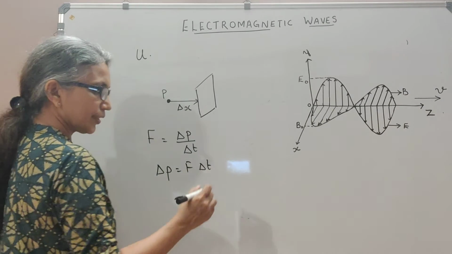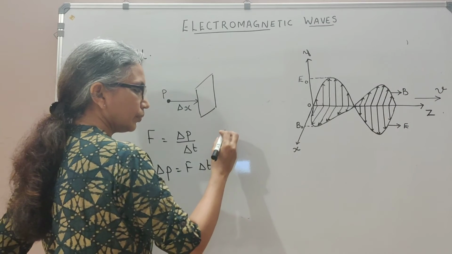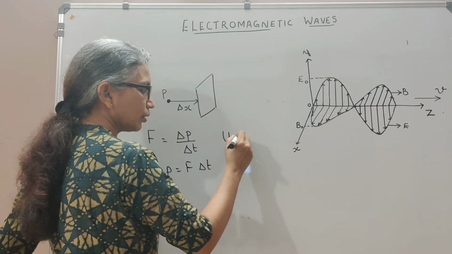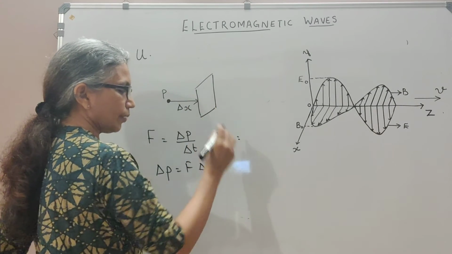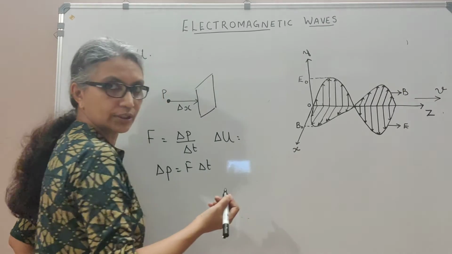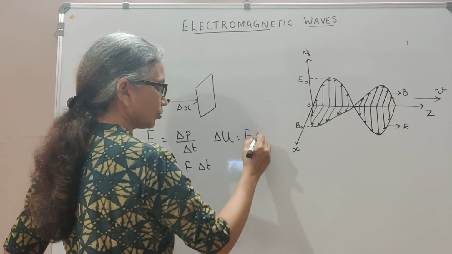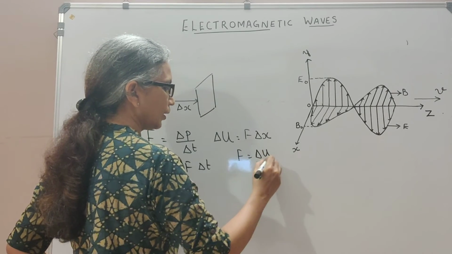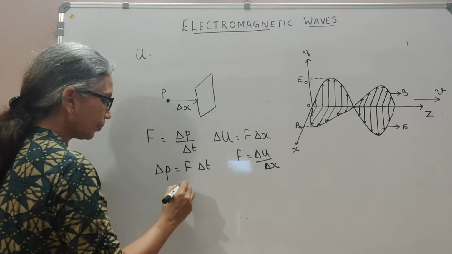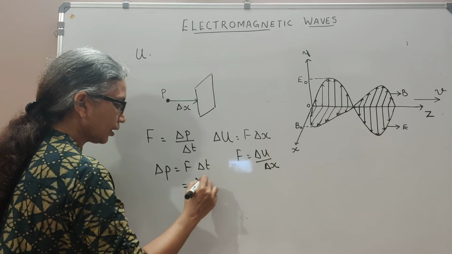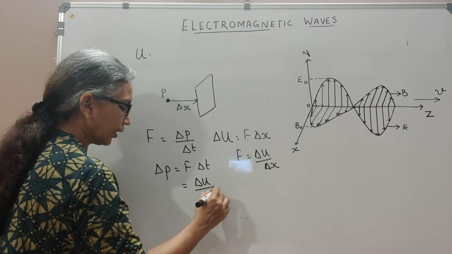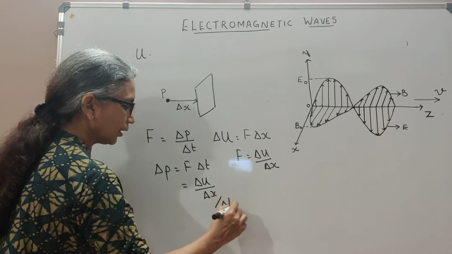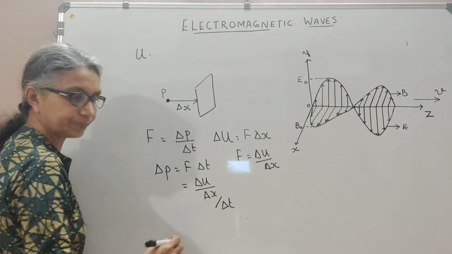To substitute for this F, the change in energy when this happens will be force into displacement. So we have delta U equals F into delta x, or F is delta U by delta x. So I may write this as delta U by delta x, and bring this delta t down.